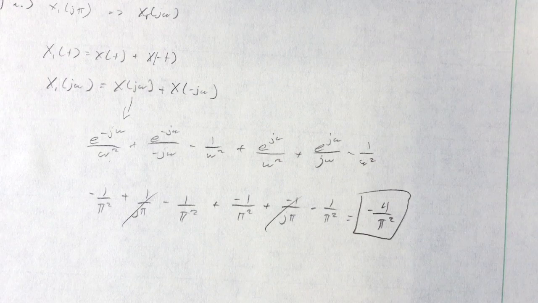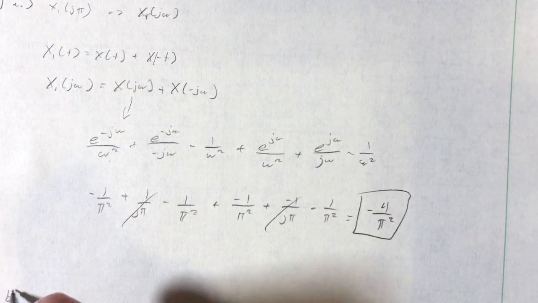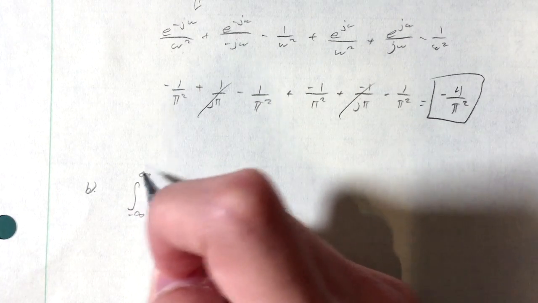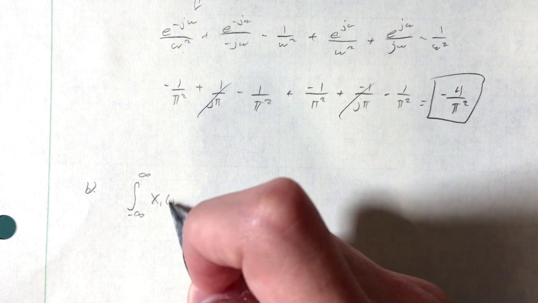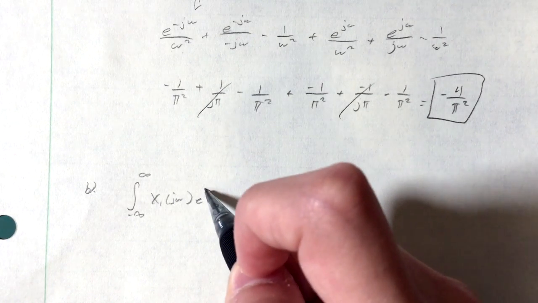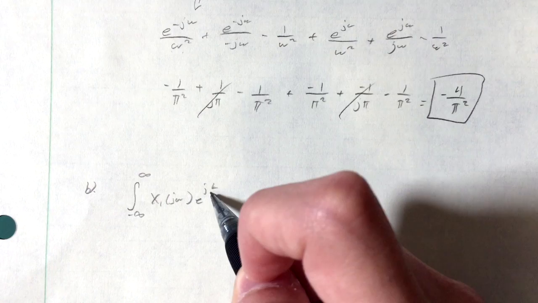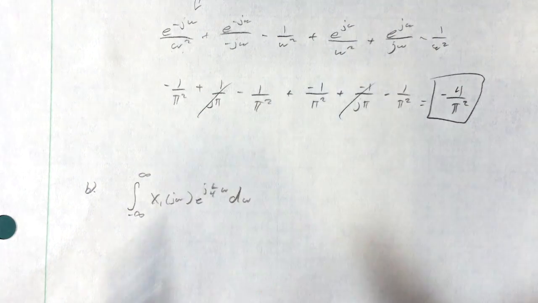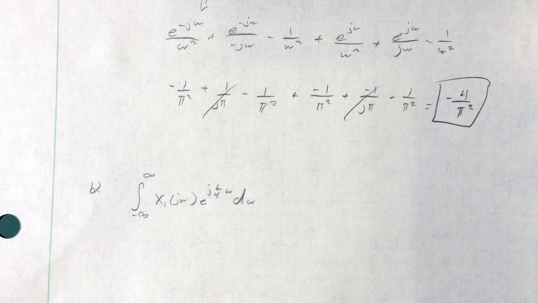And that is 3a. Now for 3b, it wants us to evaluate the following integral: X1(jω) e^(j(1/4)ω) dω.